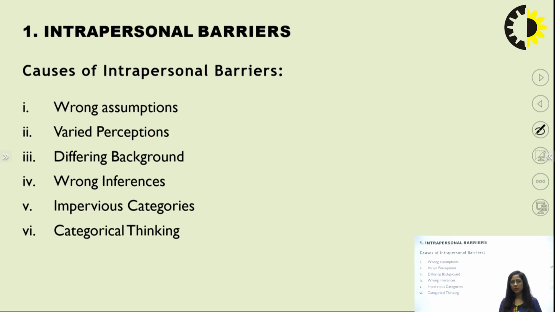Let's explore all the causes listed here that lead to intrapersonal barriers. First one is wrong assumptions. Second, varied perceptions. Third, differing background. Fourth, wrong inferences. Fifth, impervious categories. Sixth, categorical thinking.